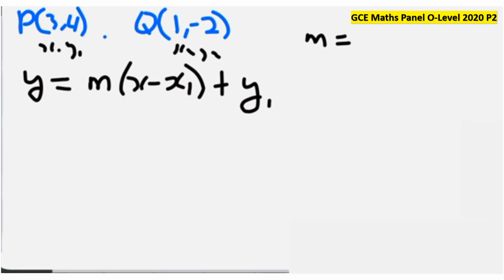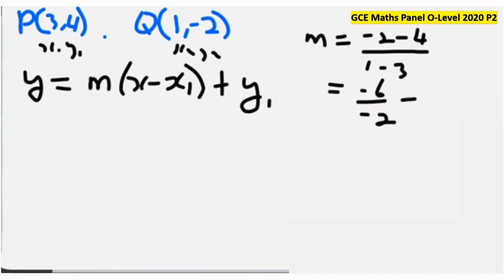So my gradient will be minus 2 minus 4, that is change in y, over change in x, which is 1 minus 3. This gives minus 6 divided by minus 2, so the gradient of this line is plus 3.